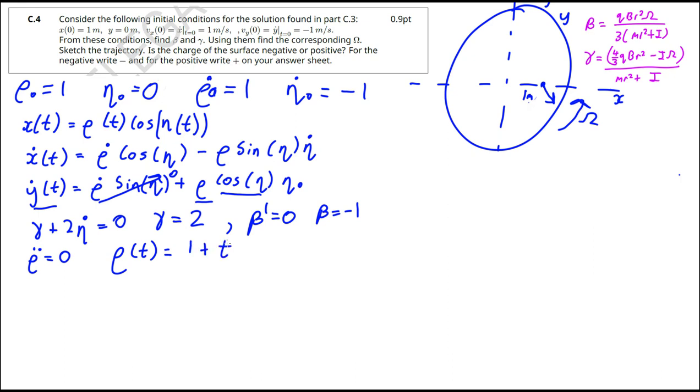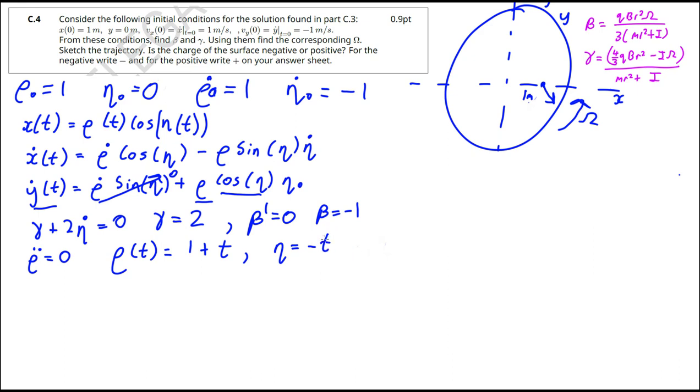Now, we can also find an equation for x and y. Because we know what eta is, we have our eta value from before. Before we found that eta was equal to this here, but since then we've found what gamma is, and we now know what eta naught is. So eta naught's 0, so that goes away. And we know that gamma is equal to 2, which means that eta is simply minus t.